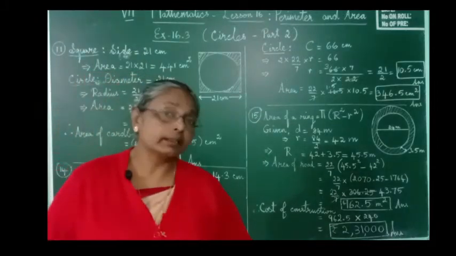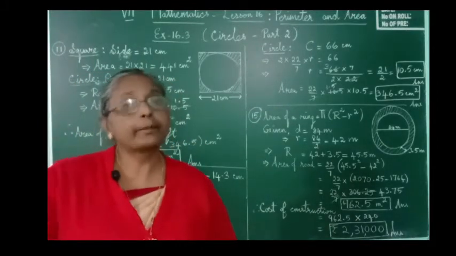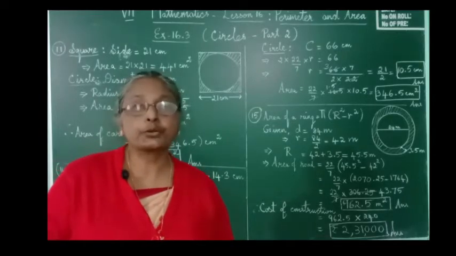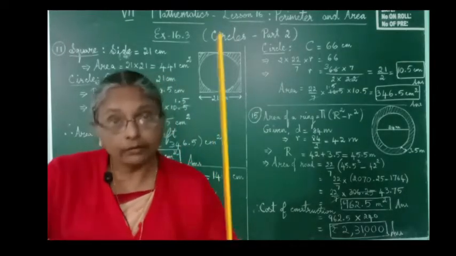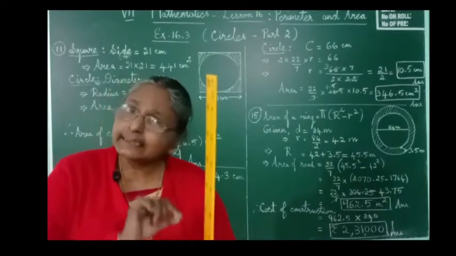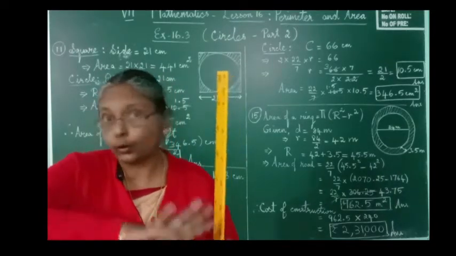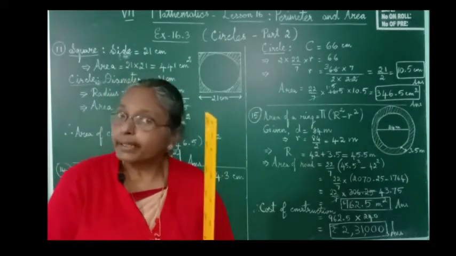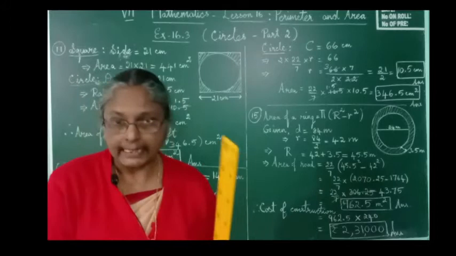Then we are told the same wire is bent to form a circle. So, first what we need to do is find the perimeter of the rectangle. We are going to find only the boundary because it is just a wire. We are not going to take the whole area. It's just the boundary. So, we will find the perimeter of the rectangle.